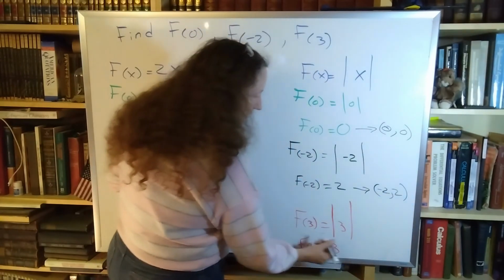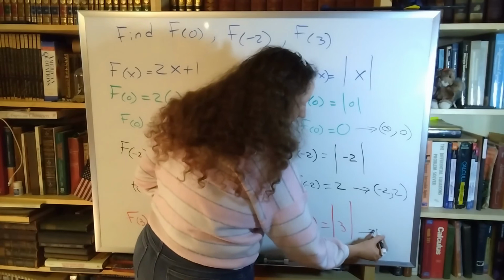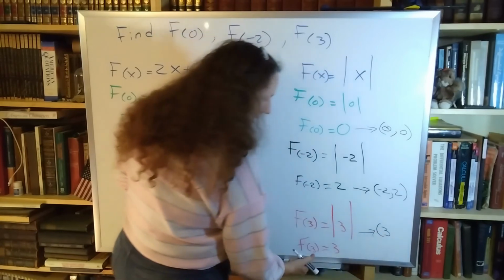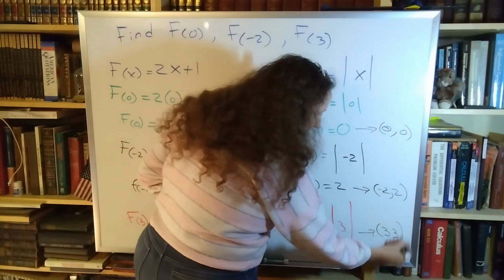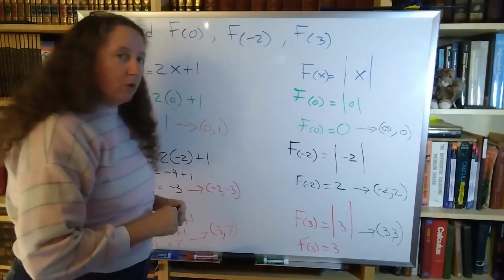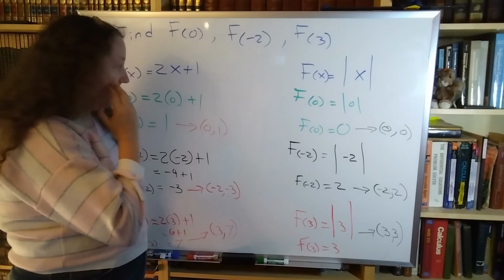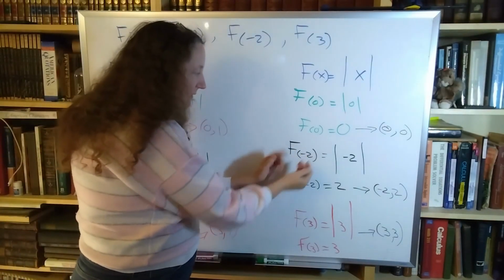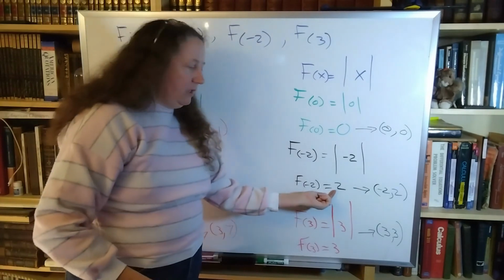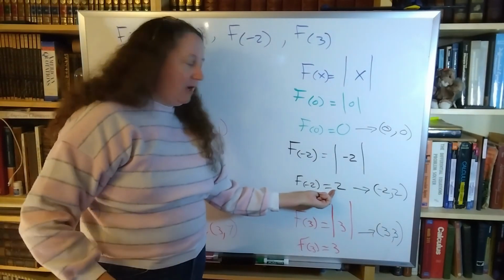Down here, my x is 3, and my y is 3. So there's my ordered pair form. The number in the parentheses here with your function name, that is your x, and what you get at the end of working your problem out is your y.